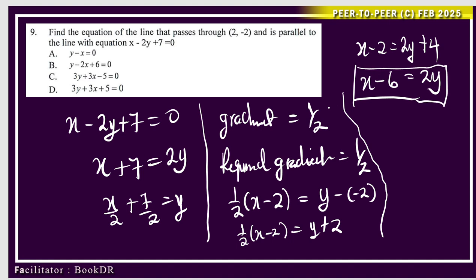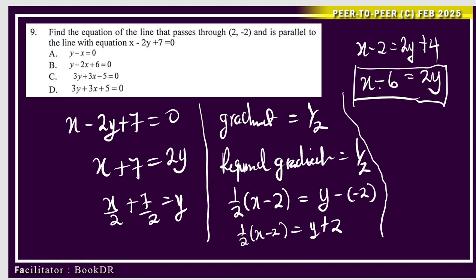Let me cross-check our calculation again. Here we have x minus 2 for the x coordinate, y minus negative 2, so it becomes y plus 2. Then we clear the fraction by multiplying through by 2. So we have 2y plus 4. When we collect like terms, we have negative 2 minus 4, which gives us negative 6.